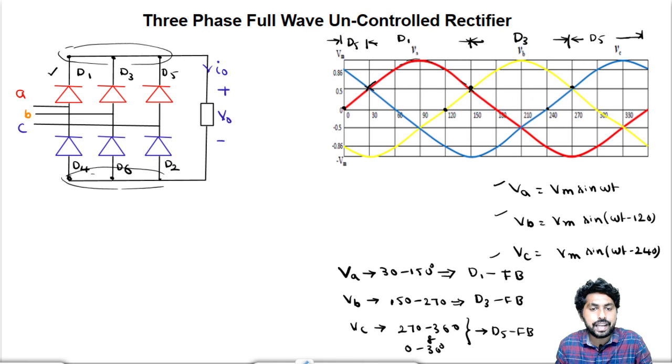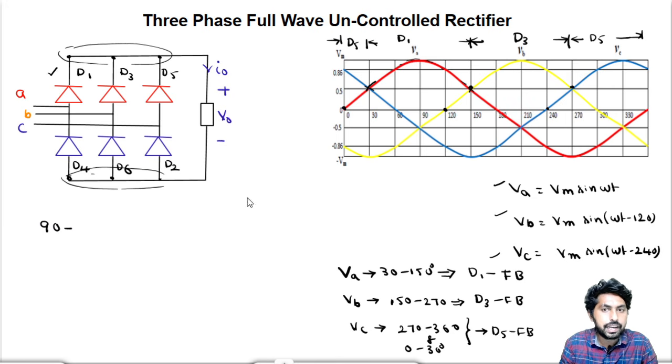Let me start with 90 degrees. From 90 to 210 degrees, the blue line, the C phase, is most negative.